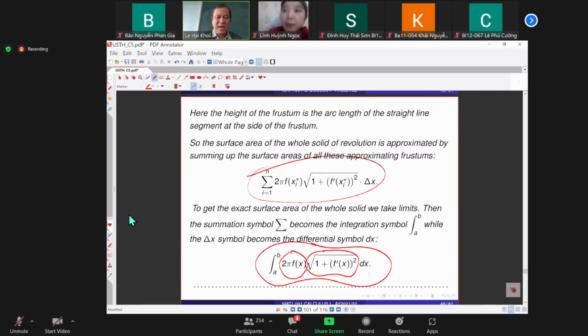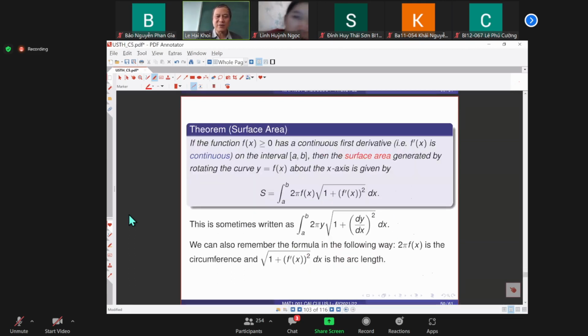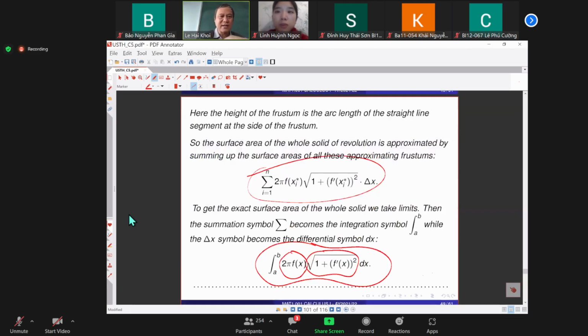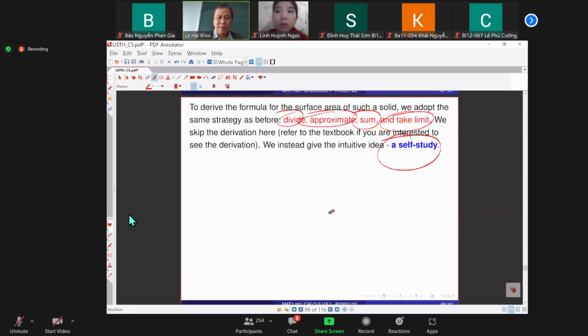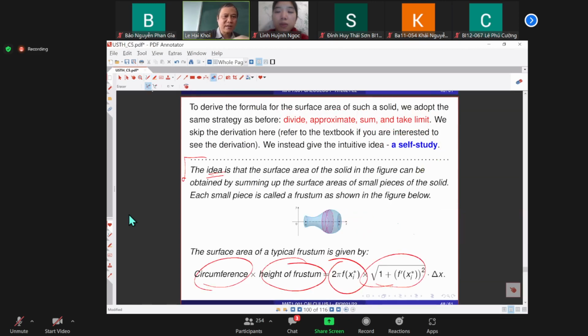So sometimes they also write it like this because this is actually f prime of x, dy over dx, right? You can remember this one: 2 pi r. R is f(x), meaning the circumference, right? At each point, you have the radius. The radius is f(x), right?